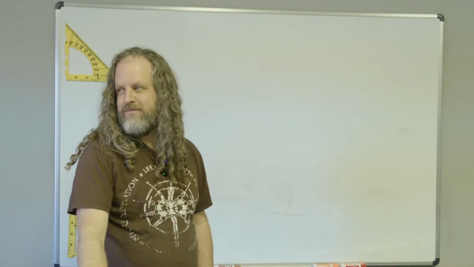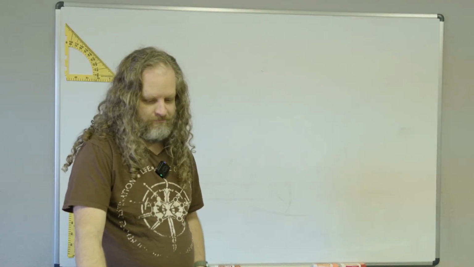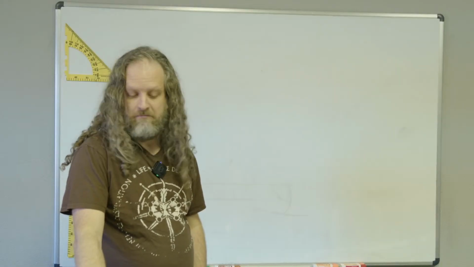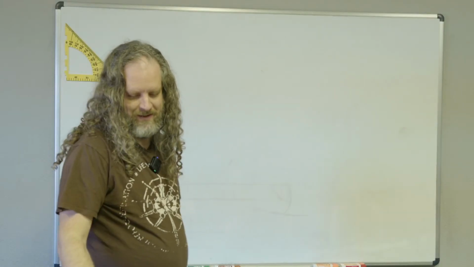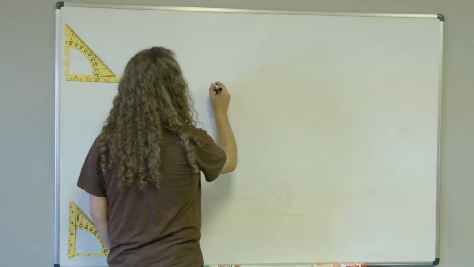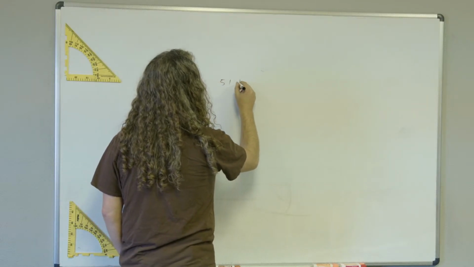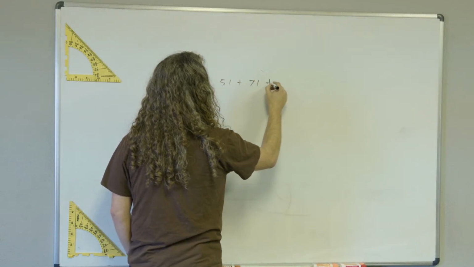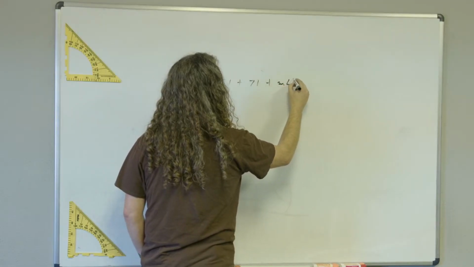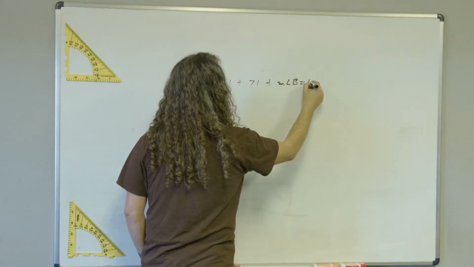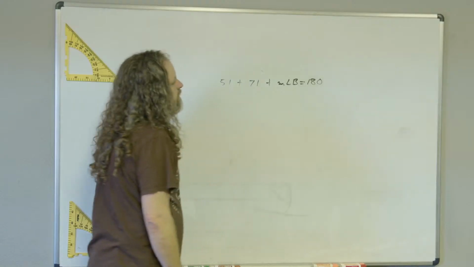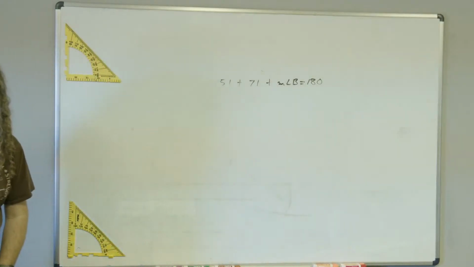What do all of those angles in the triangle add up to? Not 90, 180. So 51 plus 71 plus the measure of angle B equals 180, right? What would you do to solve that?